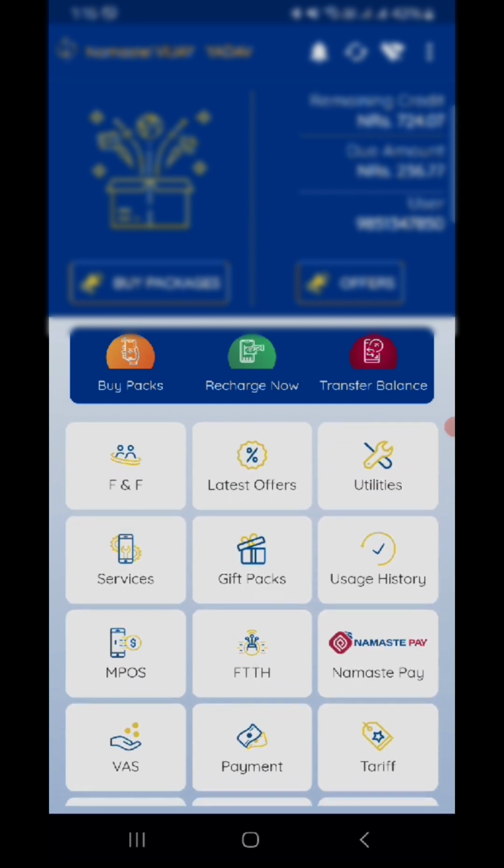For a postpaid user of Nepal Telecom, you need to know a few things. That is the bill cycle. The 1 month bill cycle starts from the English 15th of every month, meaning January 15, February 15, March 15 and so on.